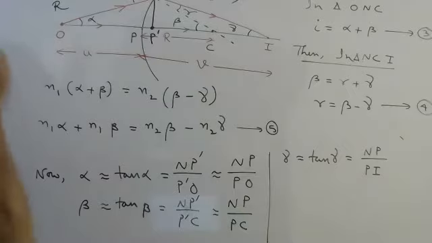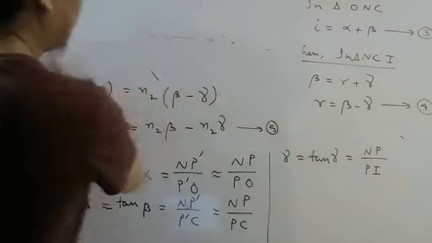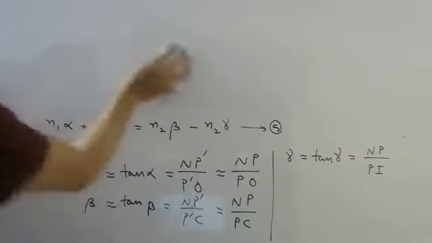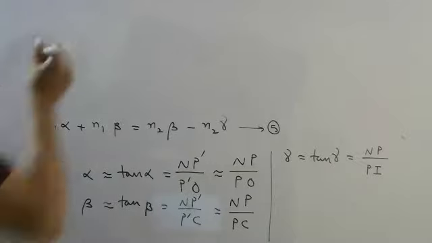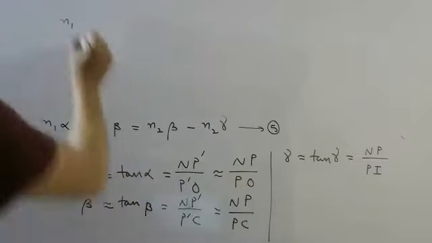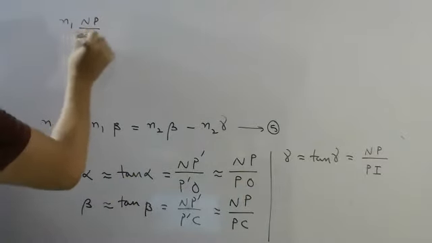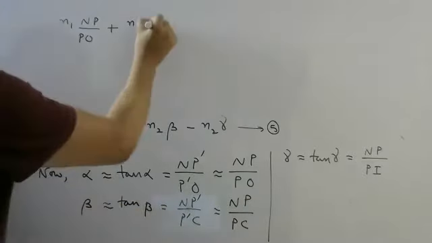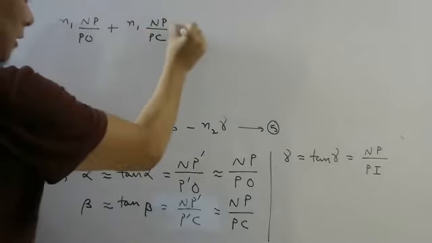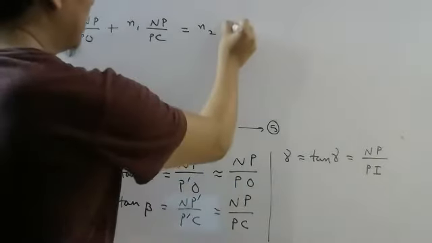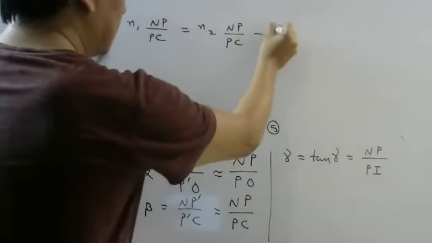So I think now this diagram I don't need. So this will be N1 alpha. Alpha is nothing but NP by PO, plus N1 beta, NP by PC, equals N2 beta, which is NP by PC, minus N2 gamma, which is NP by PI.